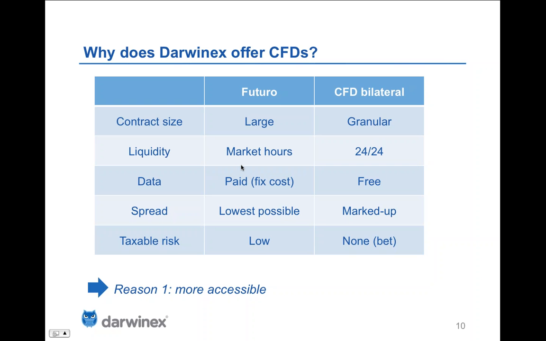Obviously, the exchanges don't want people to free ride, so the way to monetize the function is to charge for the data feed, and they tend to charge a fee which is not proportional to the trading volume, but rather a fixed fee, and that discourages. The smaller the account, the higher the discouragement to actually trade futures versus CFDs.